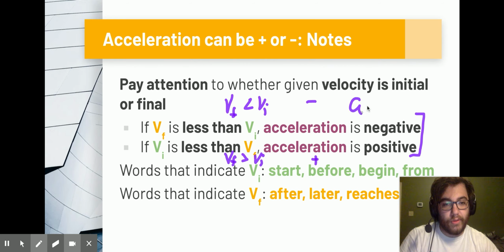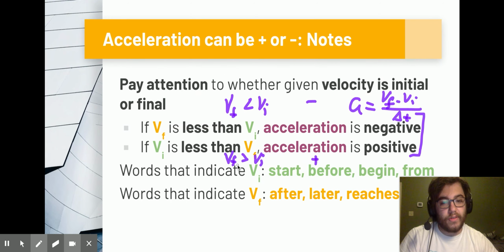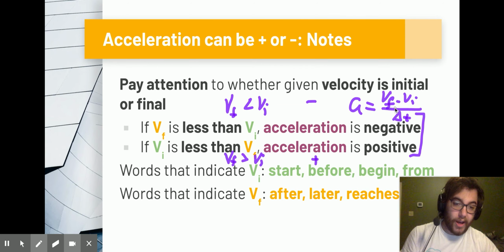Well, if we look at the formula, VF minus VI over delta T, if VF is bigger, that means VF will have a greater value and therefore be left with a positive number, as long as VF is a positive number.